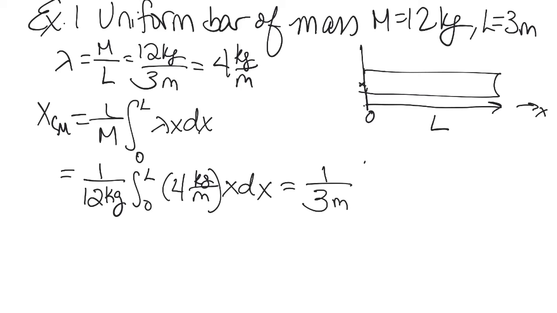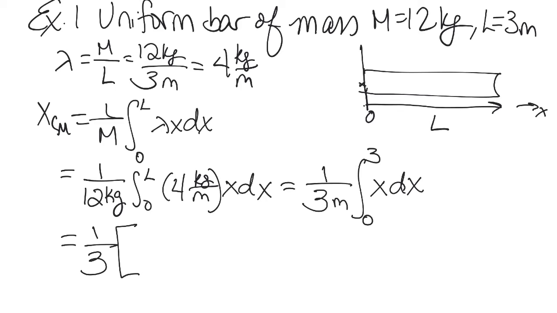Okay. We're going to integrate x dx, and what are our limits? We're going to go from 0 to 3, right? All right, let's do it. So 1 over 3, now I'm just going to take away the units because I'm playing around with stuff. So the integral of x dx is x squared over 2. And we're integrating from 0 to 3. So I'm going to take out that half, sorry, my bad.